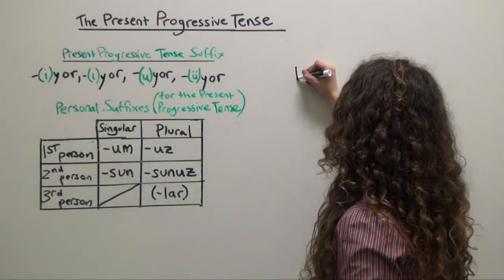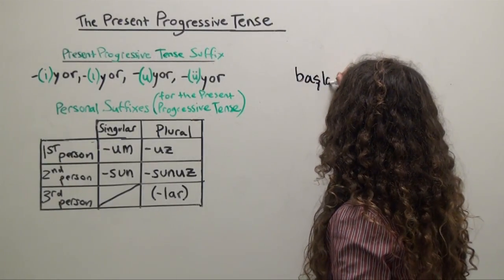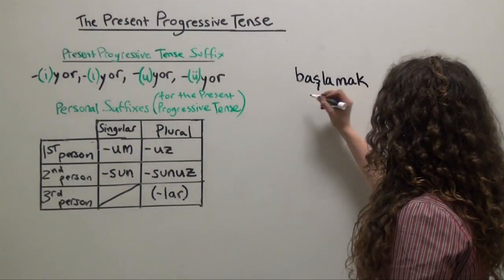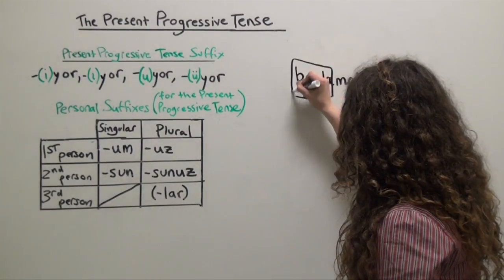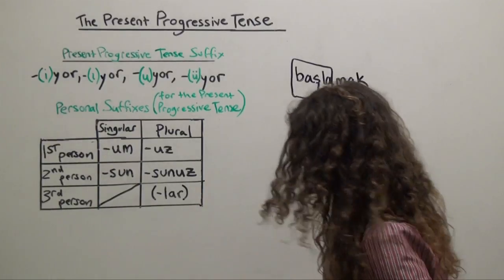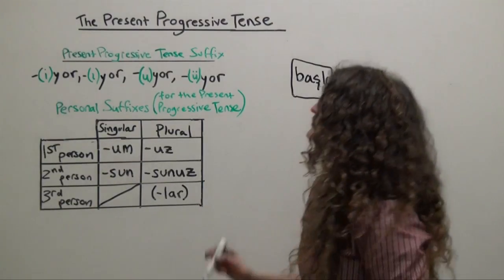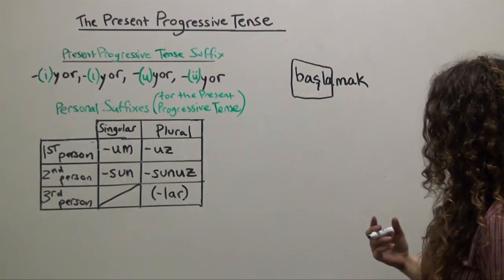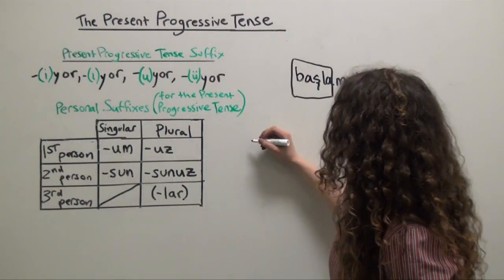But what if your verb stem ends in a vowel other than one of these four? So, for example, the Turkish verb başlamak, to begin. This is the verb stem, başla. A is not one of our four vowel harmony vowels. So what are we going to do when we want to form the present progressive tense?